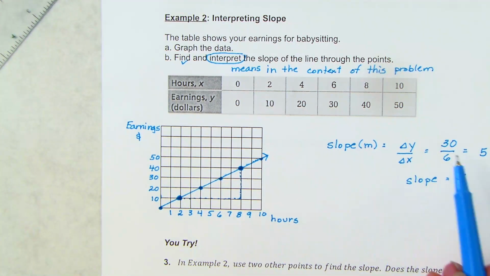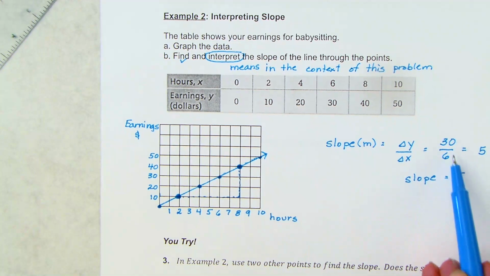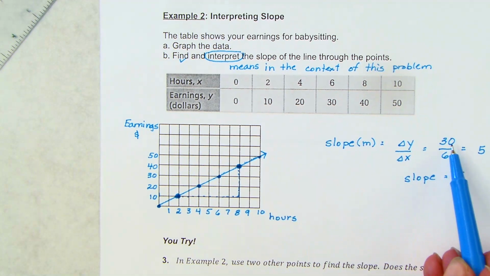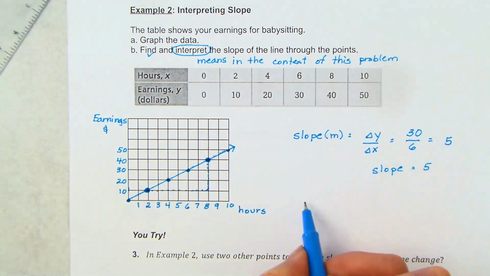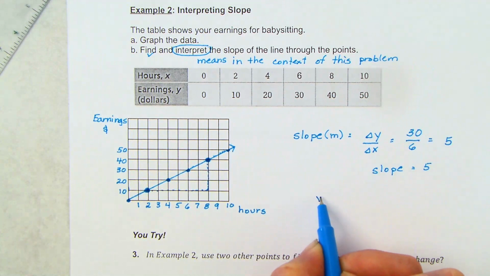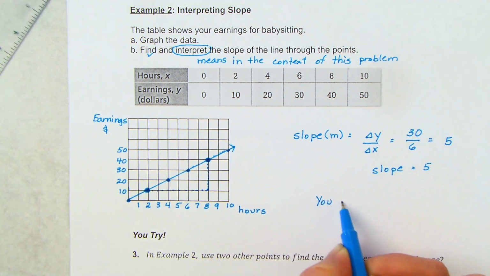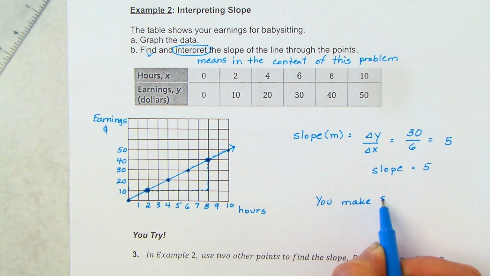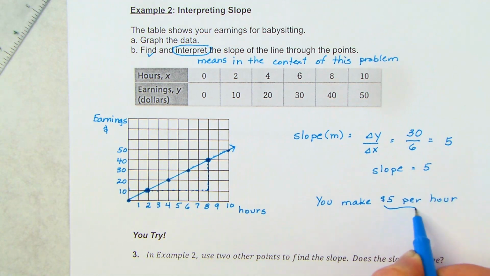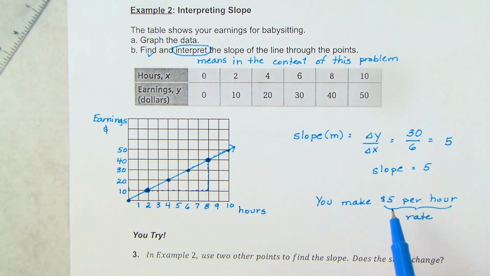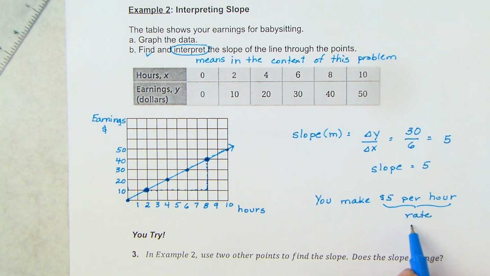So when I look at this problem, it means that in 6 hours, I make $30, which is the same as $5 per hour. So to interpret the slope, you make $5 per hour. That's a rate. Whenever you see or feel or hear the word per, that means it's a rate. $5 per hour is a rate, which is a slope.